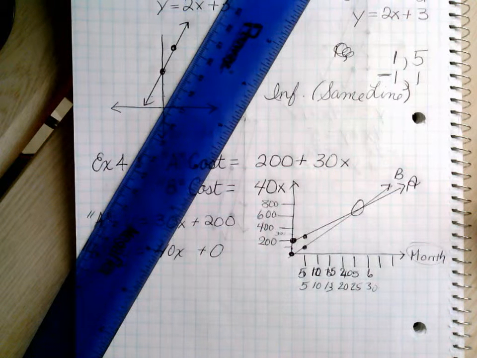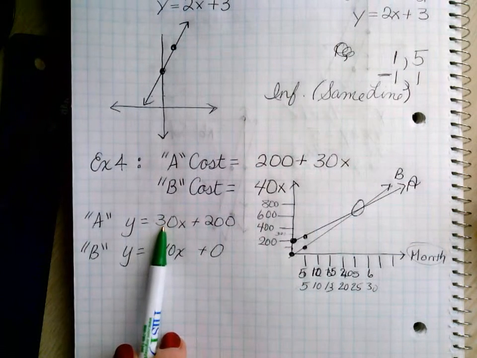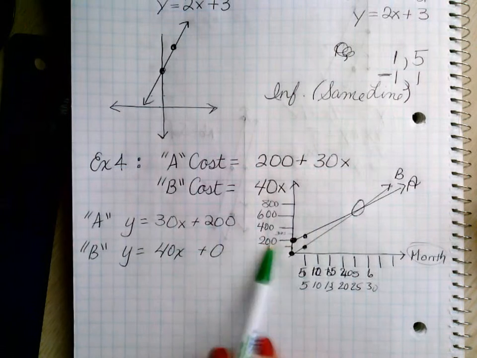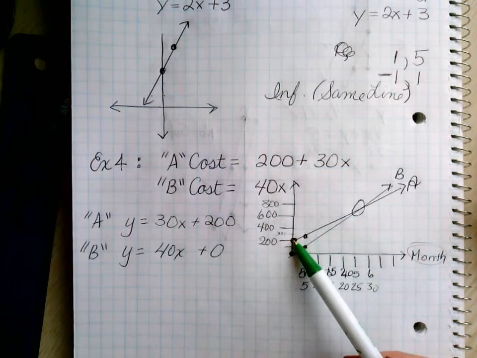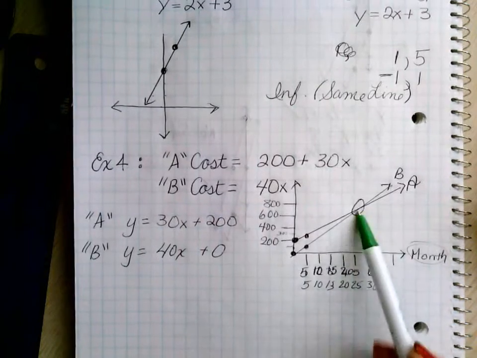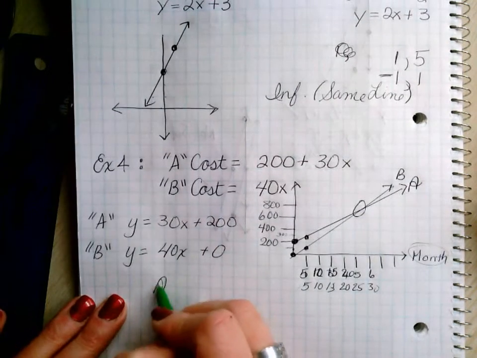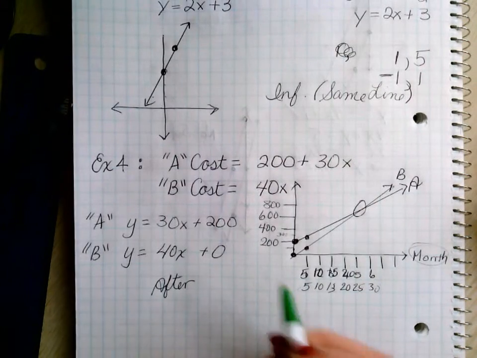Anyway. It would depend on, like, if you pay $30 per month or $30 per 5 months. So, yeah, the way I just graphed it was wrong. I just didn't use the right scale. Okay, so the idea here is A is super expensive until after the 20th month.